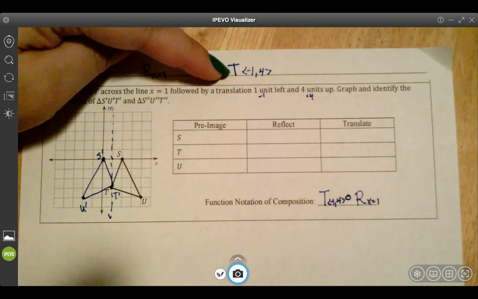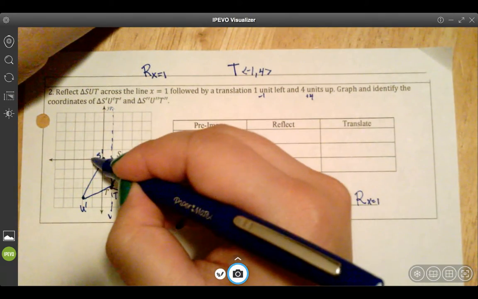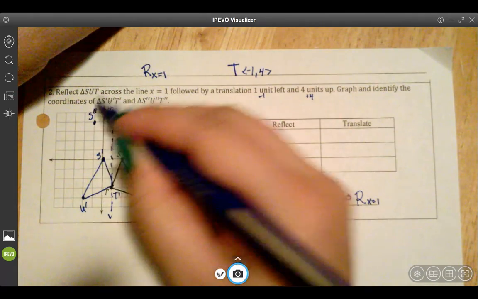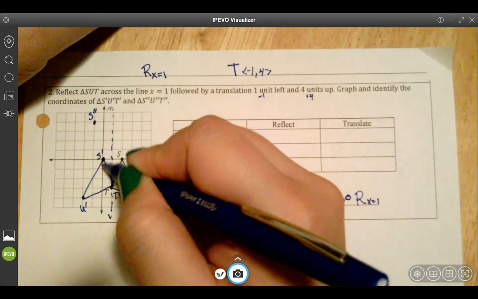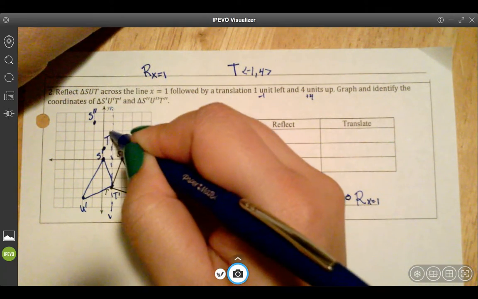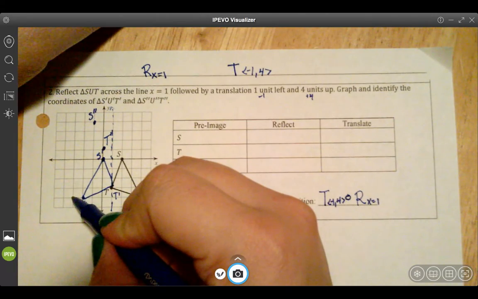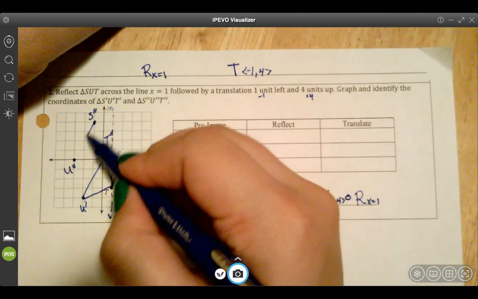And then we want to translate 1 unit to the left and 4 units up. So I'll take S prime, 1 unit to the left and 4 units up, get S double prime. T prime, 1 unit to the left and 4 units up, there is T double prime. And U, 1 unit to the left and 4 units up to get U double prime.